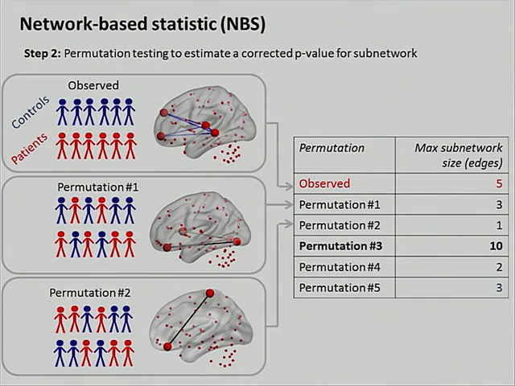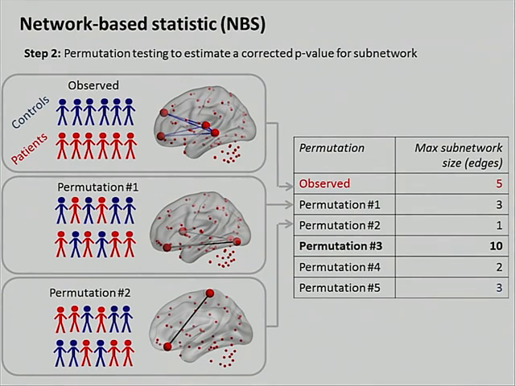Once we've permuted our data, once we've scrambled our data as such, we go through the same steps again. We compute our test statistic, we threshold, and we see what's the size of the largest subnetwork in this permuted data. You can see here with permutation 1, the largest size is 3, and we observed 5, so it's pretty remarkable that we only see 3 at permutation 1.